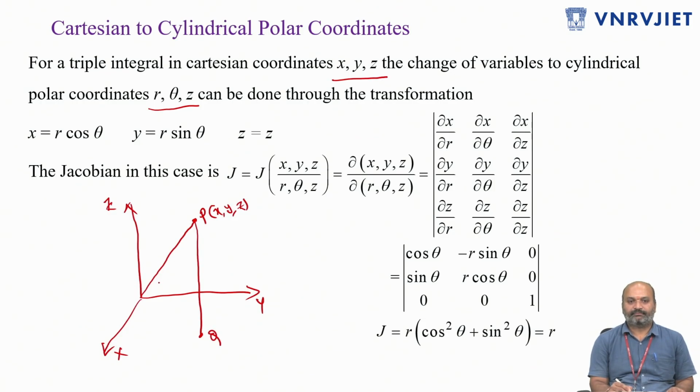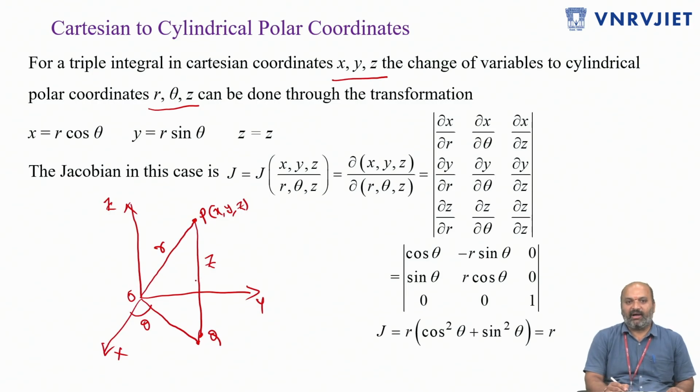Now let's join OQ. The angle made by the projection of this line OP with the positive direction of the x-axis is theta. r is the distance of that point from the pole, and z is the height of that point from the xy plane.